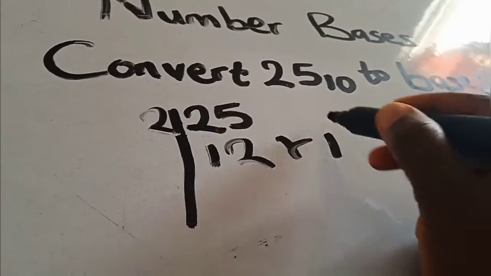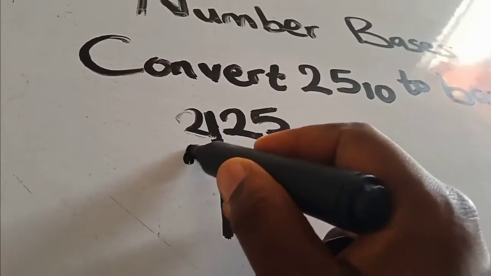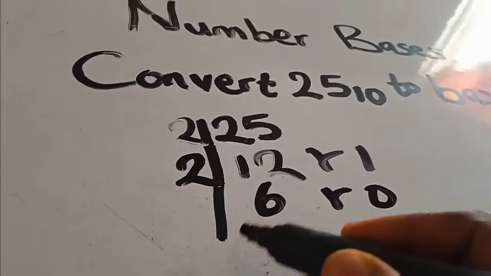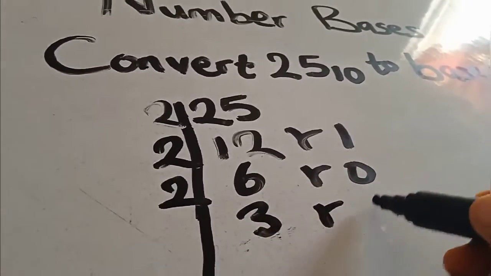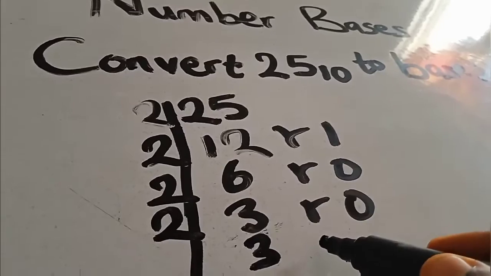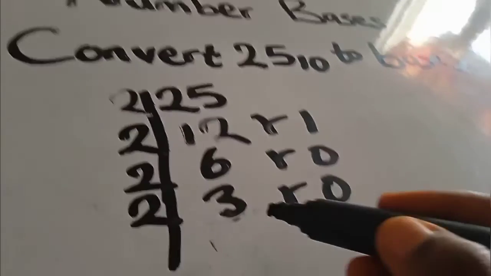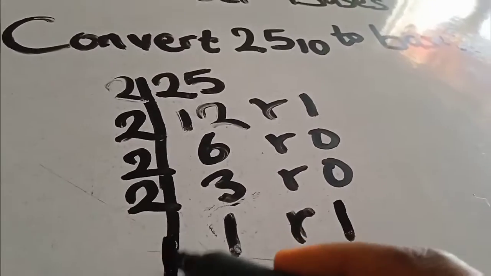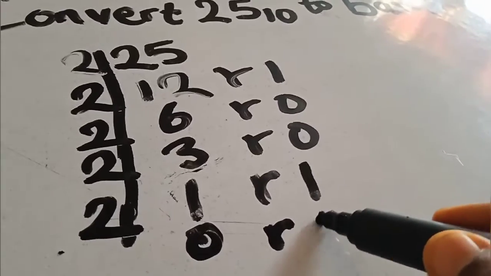Always take note of the remainder because that is the important thing I'm going to collect later. 12 remainder 1. 2 will divide 12 again to give us 6 remainder 0. 2 will divide 6 to give us 3 remainder 0. 2 divided into 3 gives us 1 remainder 1. And 2 into 1 gives us 0 remainder 1.